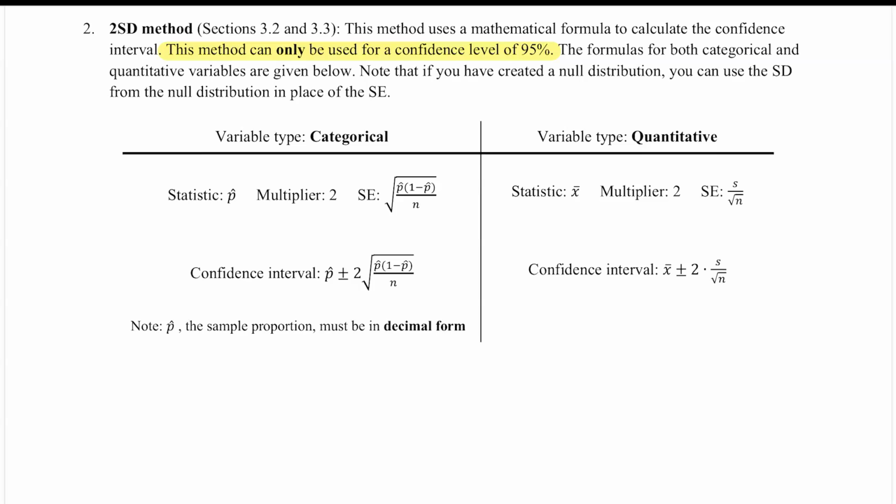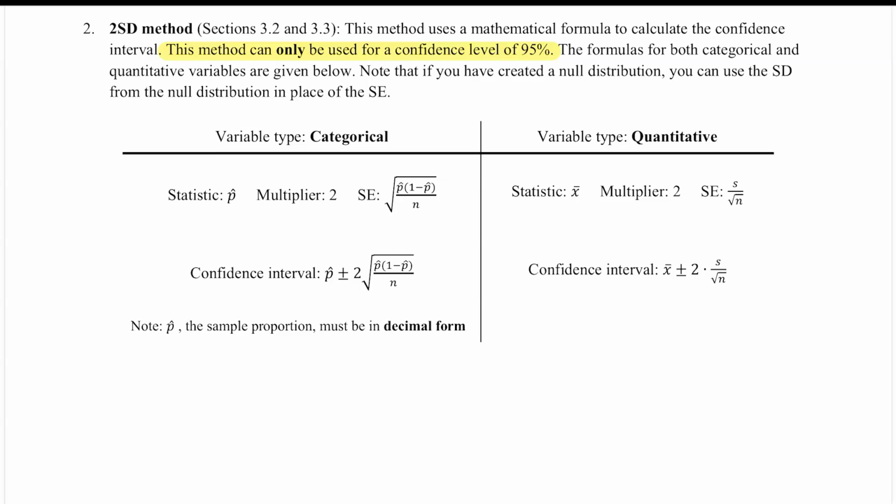Now we have some formulas here depending on whether your variable is categorical or quantitative. And you have these standard error SE formulas on your formula sheet. And if you want to label them SE, you could. And this again is the standard deviation from the null distribution.